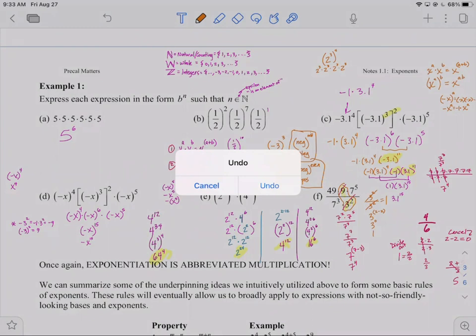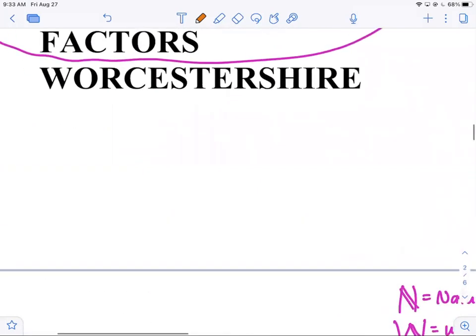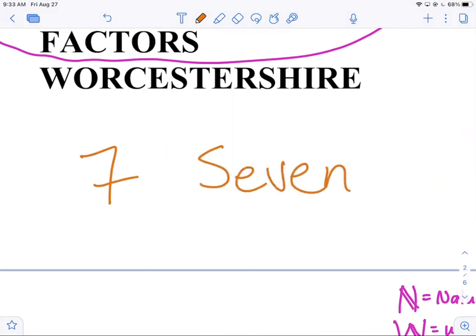Here's a joke that's apropos. Apropos is like French for appropriate. 7. When you spell it out, it's like that. It happens to rhyme with my first name. What type of number is 7? Even or odd?